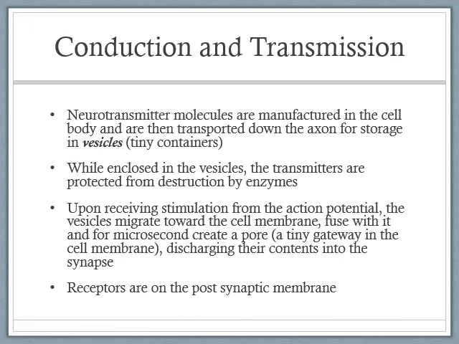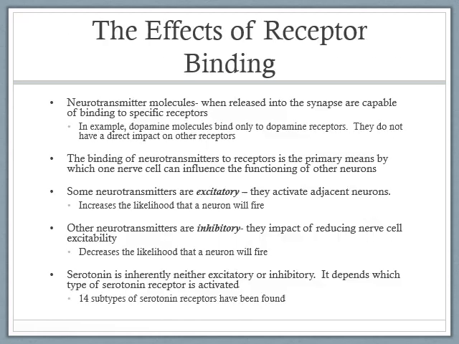Upon receiving stimulation from the action potential, the vesicles migrate toward the cell membrane, fuse with it, and for a microsecond create a pore, which is a tiny little gateway or space in the membrane through which they're able to discharge or release the contents into the synapse. Receptors are on the postsynaptic membrane.